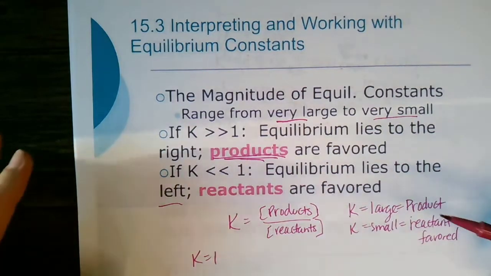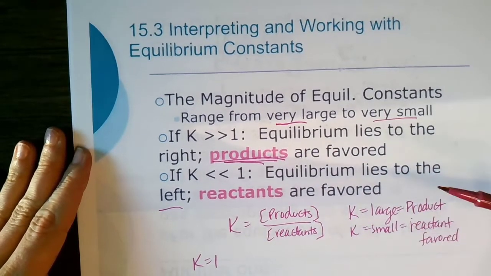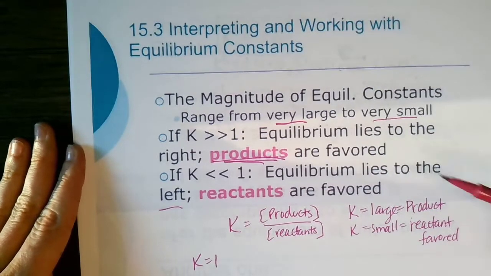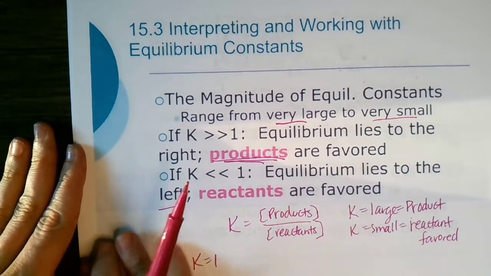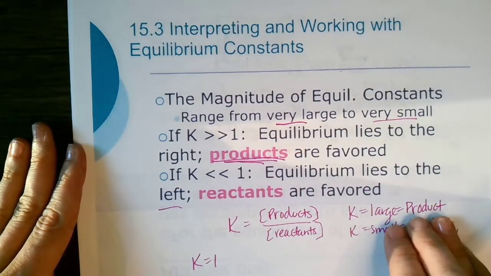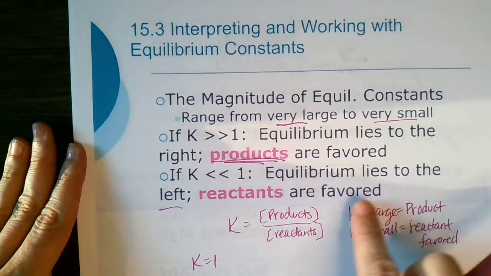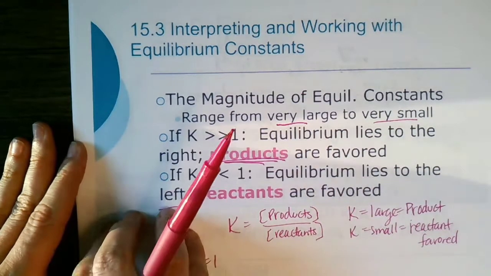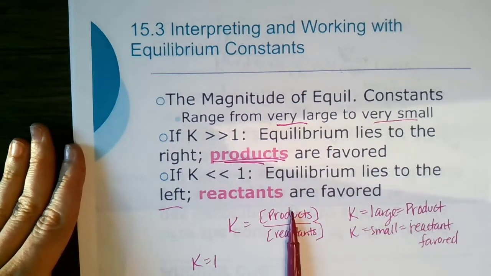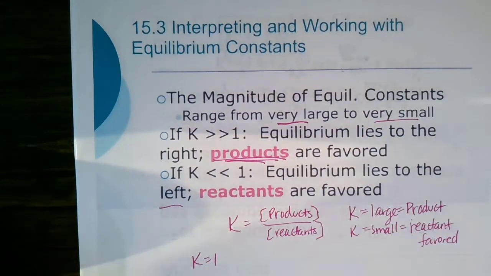So again, this constant is really interesting to a chemist because if I have a large constant, then we know that my products are favored and that equilibrium lies far to the right. If the reactants are favored and I have a small constant, then the equilibrium lies to the left. And if it's close to 1, it's right in the middle, being equal.